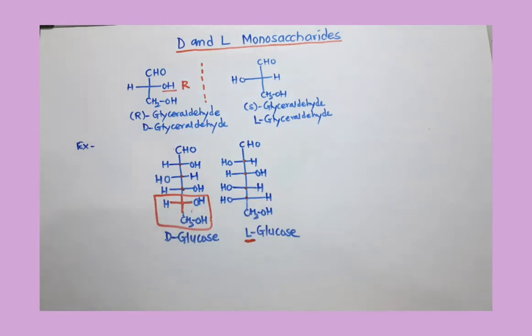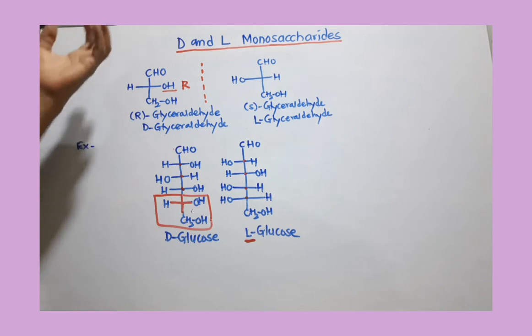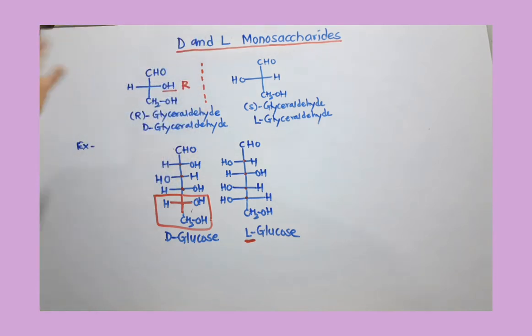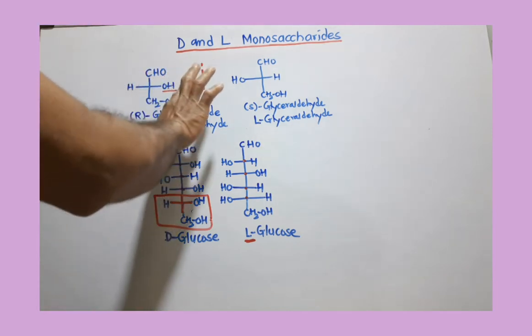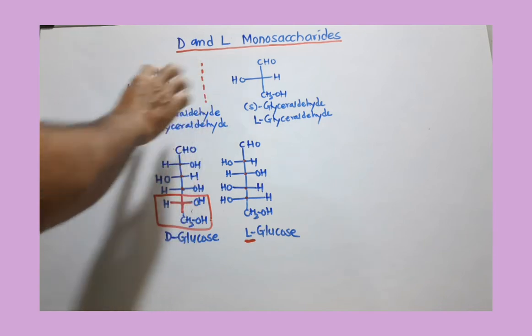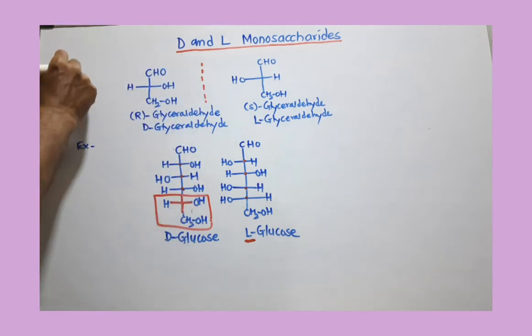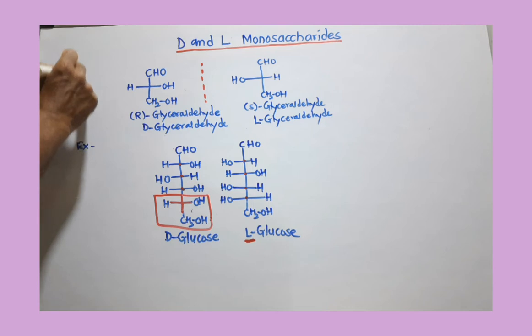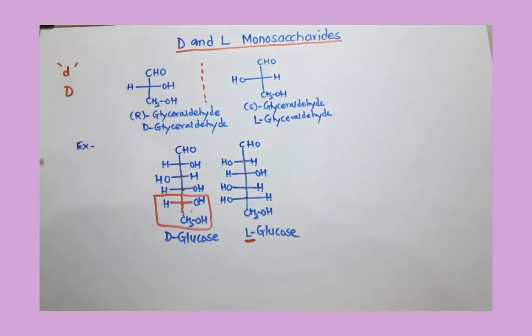In this way, you can provide capital letter D or L to the monosaccharide to represent the configuration at the chiral carbon which is away from the carbonyl group. But there might be some confusion, and I must clear that confusion, because in carbohydrates we use either small d or capital D. So this d and this D are actually not related.